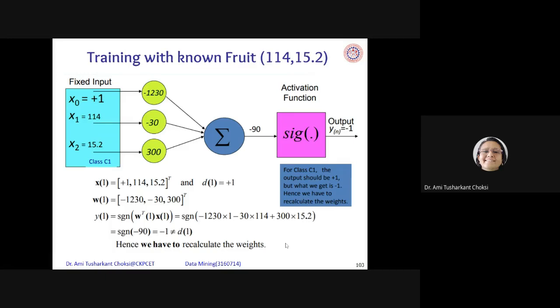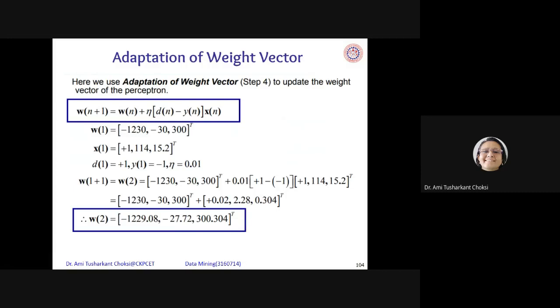For that we use the adaptation of the weight vector: Wn plus 1 is equal to Wn plus eta into (Dn minus Yn) into Xn. This way we find the adjusted weight vector.